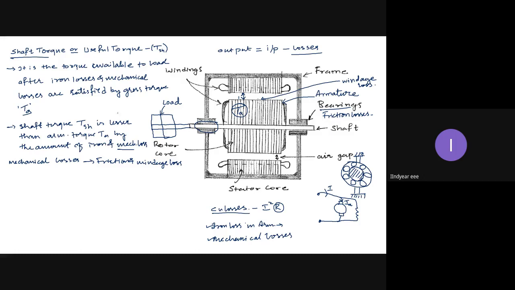Now the torque that should be made available to the load should overcome these iron losses in the armature and mechanical losses in the armature.